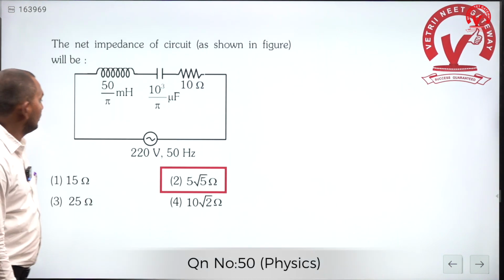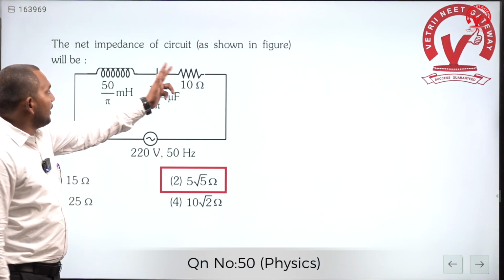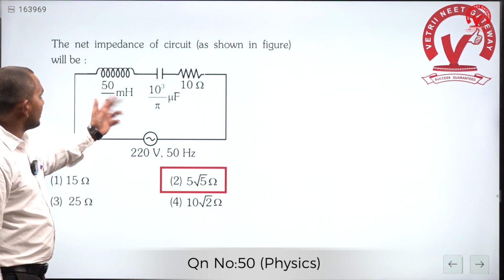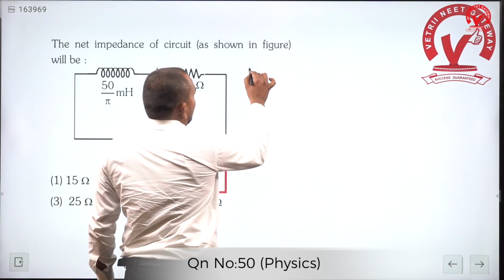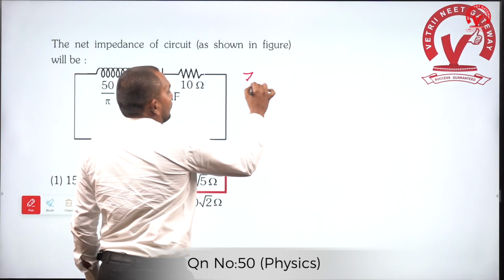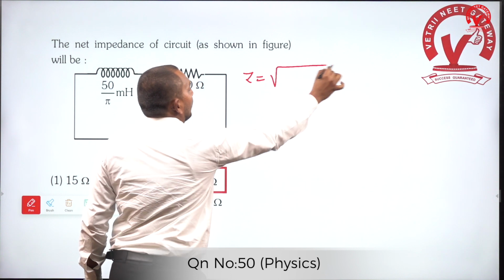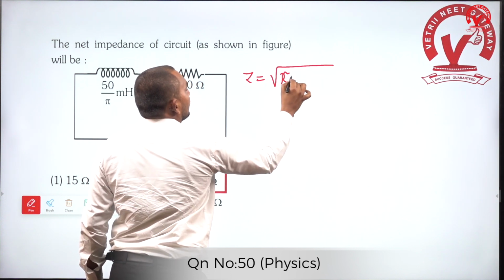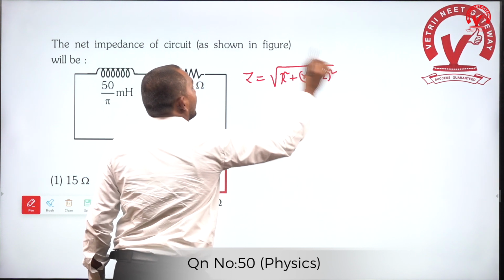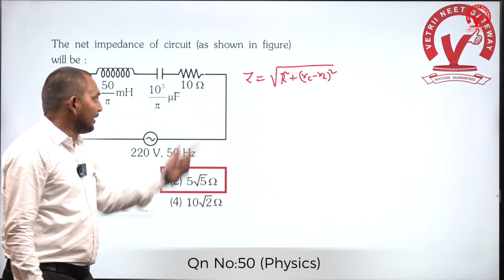We'll go for the last one. The net impedance of the circuit as shown in the figure. Here they are asking to find out the impedance. We know the impedance formula, Z is equal to square root of R square plus XC minus XL whole square. Find out XL and XC.